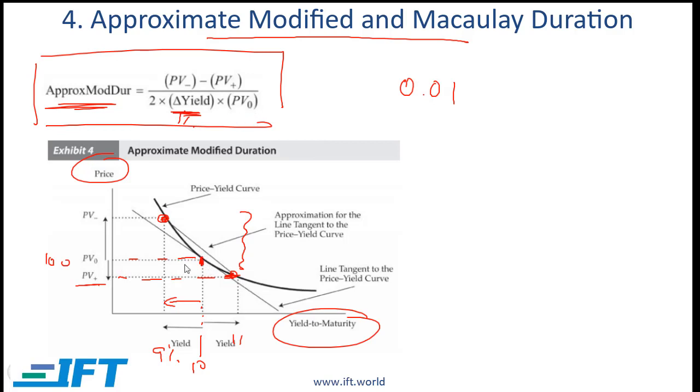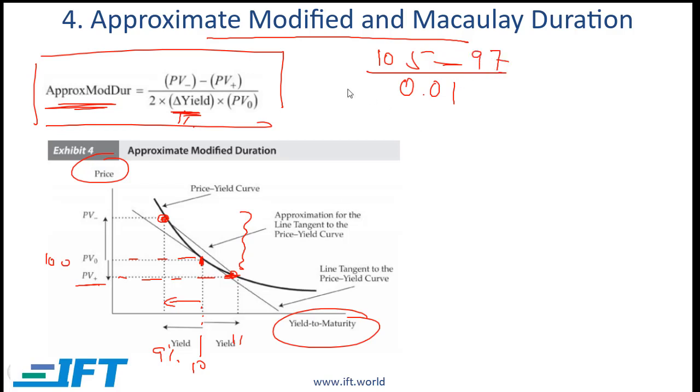So this central value, which is 100. To plug in the numbers, let's just actually use numbers for PV minus and PV plus. Let's say that PV minus is 105, and that is going to be more than 100, minus PV plus, which is this number.